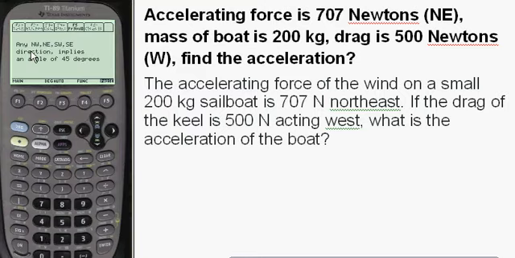Anytime they give you just northwest, northeast, southwest, or southeast without an angle, that's got to be 45 degrees in a right triangle. This is all Pythagorean theorem in right triangles. You have the 707, which is the hypotenuse. And then we're going to find the adjacent side, which is horizontal.